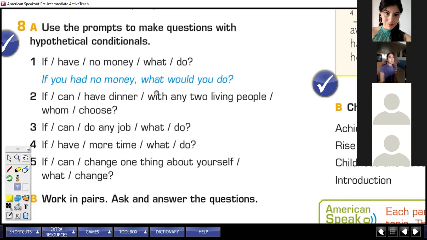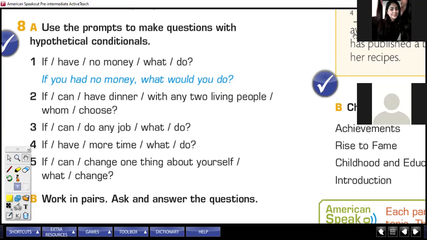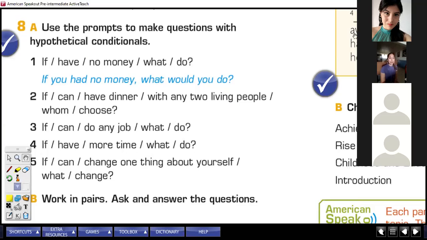If you had no money, what would you do, Alejandro Perez? You are in the middle of the city and you have no money. What would you do? I have a take a work. Okay. Good. So for the second conditional, remember that we use if, and then we need the past form.